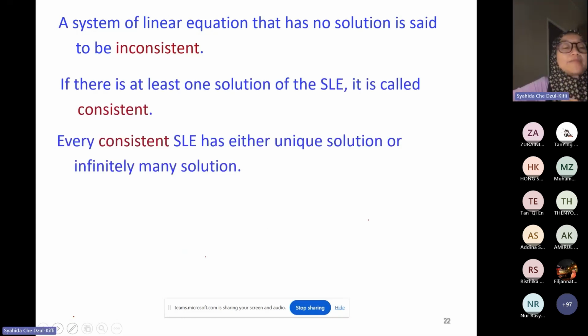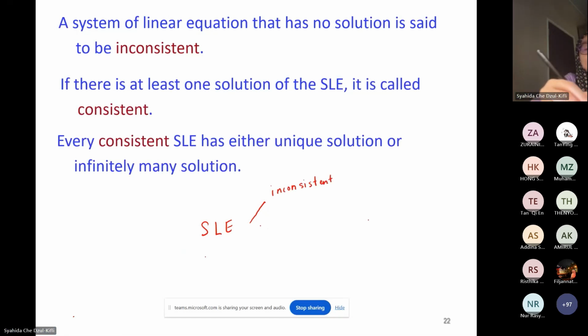Every consistent system of linear equations has either a unique solution, only one solution, or infinitely many solutions. So an SLE is either inconsistent or consistent.